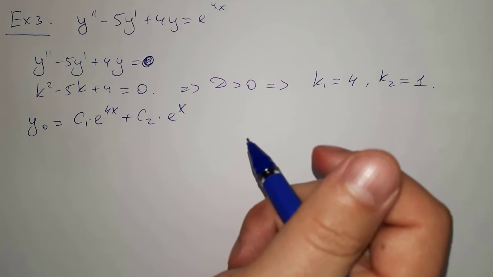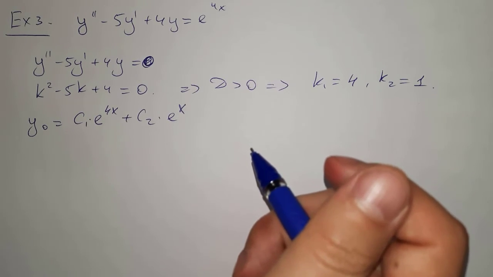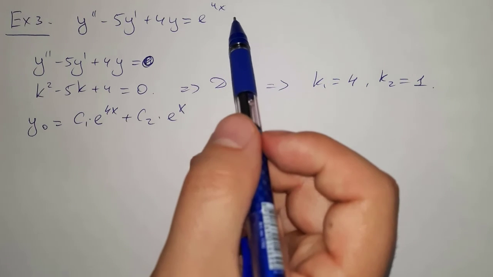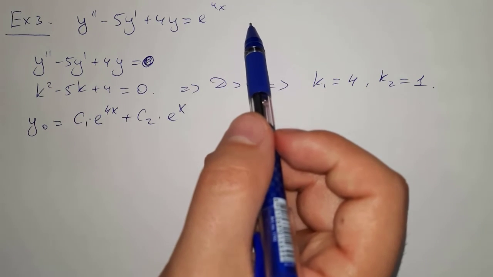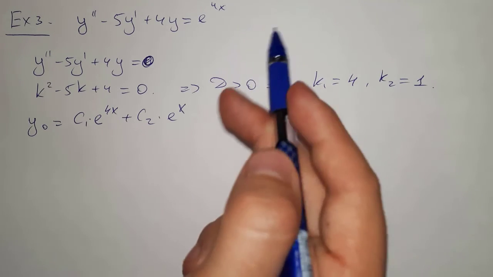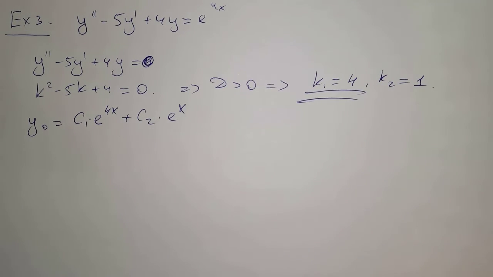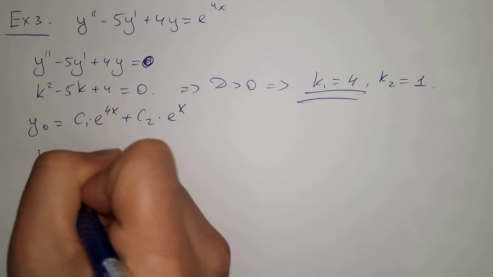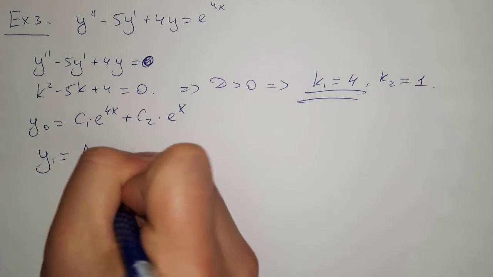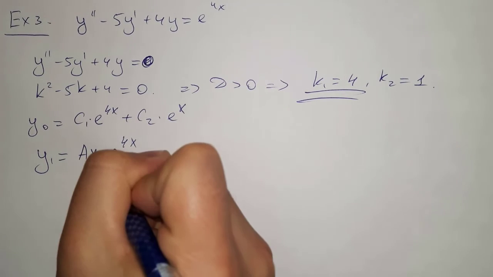The power of the exponential function on the right side is 4, and it coincides with the root k1. Yeah, with the root k1. So therefore we need to look for a particular solution of the form y1 is ax times e to the power of 4x.